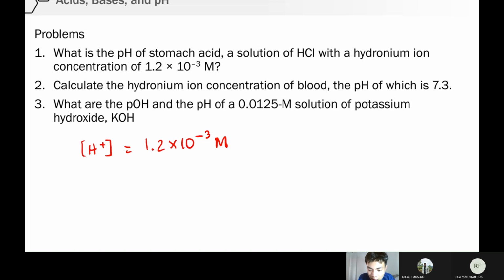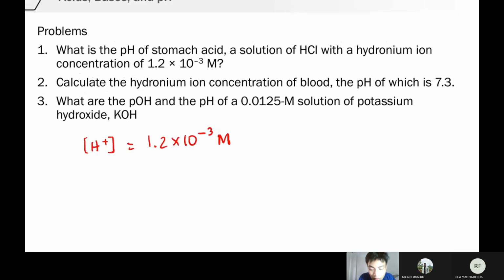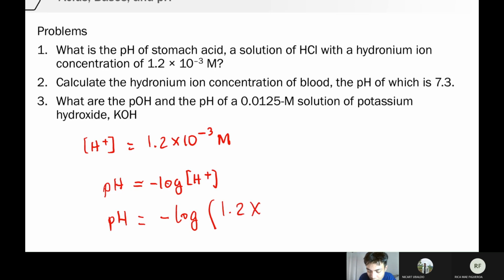To solve for its pH, ganito lang gagawin nyo. pH is equal to negative log of the H plus concentration. Whatever the value of your molarity is, yun lang ilalagay mo sa loob ng logarithm function. So that's pH equals negative log of 1.2 times 10 raised to negative 3. Pakicalculate na lang.